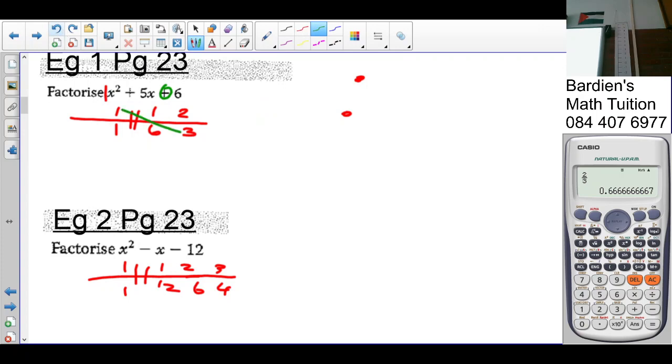What's 1 times 3? 3. What's 1 times 2? 2. You add it, you get 5. And that's what I want. So in the brackets goes a 1 and a 2, a 1 and a 3. Since there's an x squared, x and x.